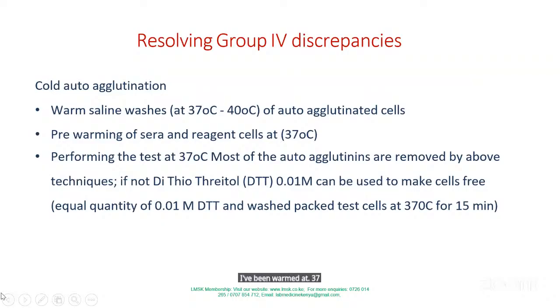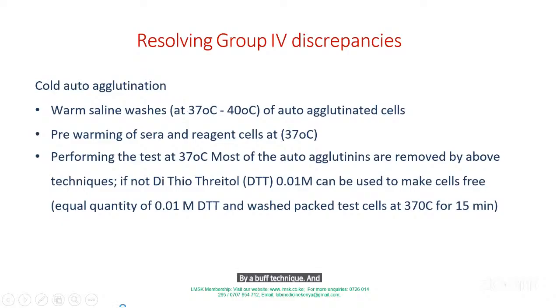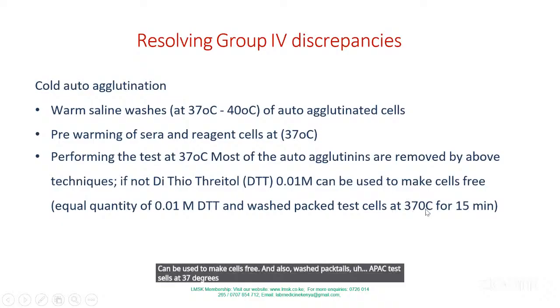Performing the test at 37 degrees Celsius, most of the autoagglutinins are removed by the above technique. And if you happen to have these kinds of chemicals, you can add dithiothreitol to make cells free, and also wash packed test cells at 37 degrees Celsius for around 15 minutes.